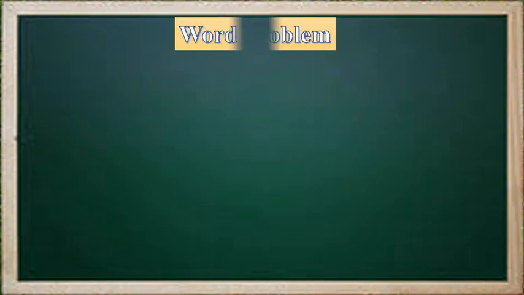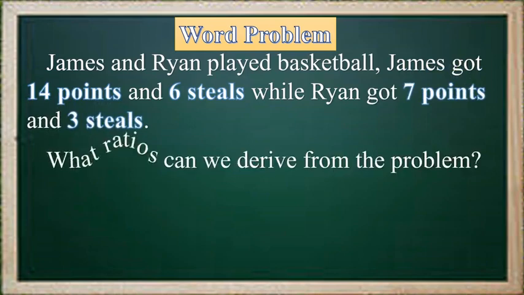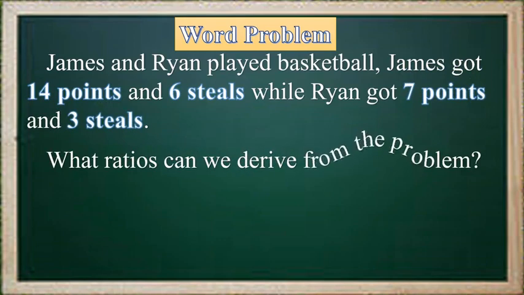Let's try another problem. By this time, we'll do it together. This is the problem. James and Ryan played basketball. James got 14 points and 6 steals, while Ryan got 7 points and 3 steals. What ratios can we derive from the problem?